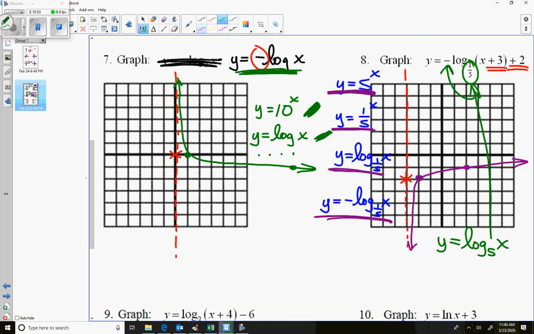And then the negative flipped it in that y direction again. So since you flipped it in the y direction, flipped it again, they basically cancel each other out, and you end up with the same graph. Okay. It's kind of one of those weird things that happens with logarithms, but if you were looking at that being a little bit confused, you're actually not confused. You are correct.